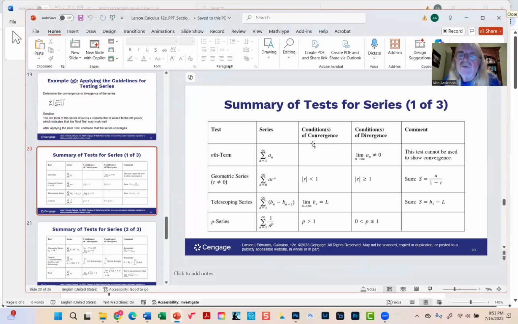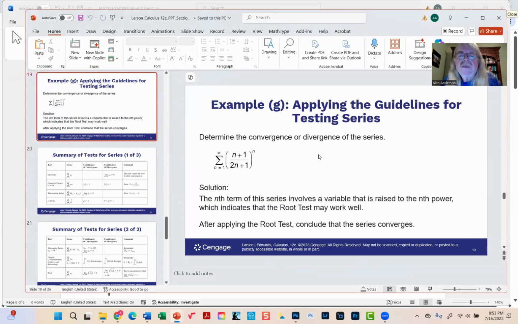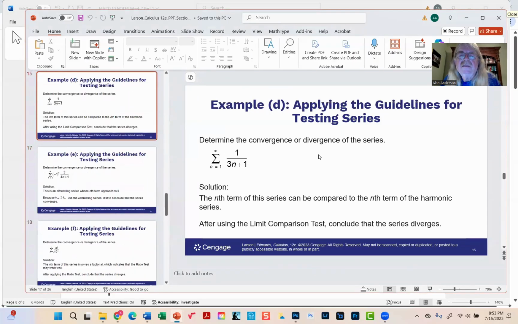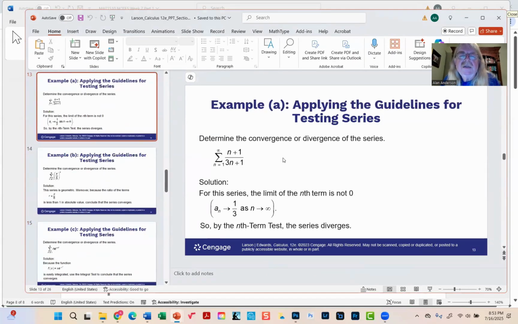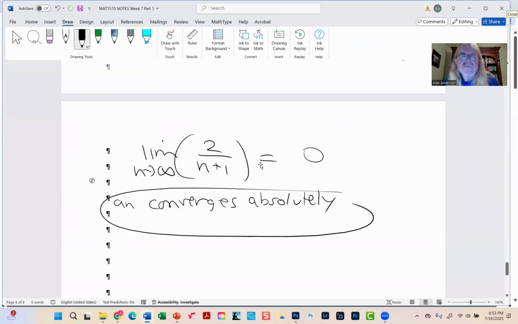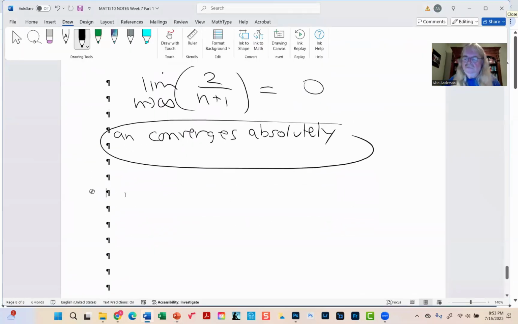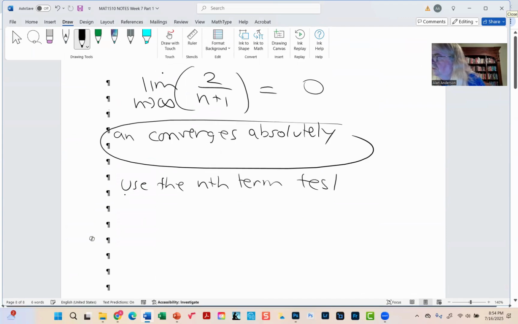All you're trying to do is show if the limit equals zero or not. It's maybe not the most useful test in the world. So basically what they're saying is to do this. Right? Let's try that.